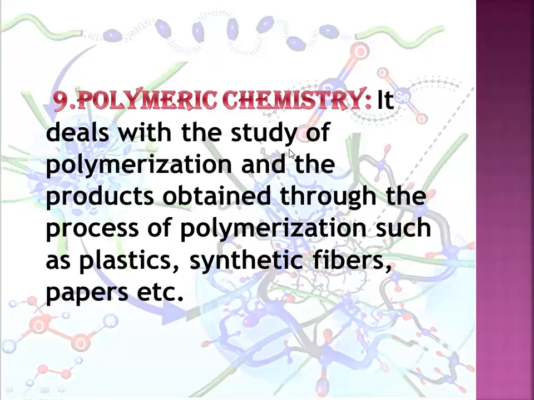It deals with the study of polymerization. So what is polymerization? In polymerization, what will happen? Small tiny units, that are called monomers. If you can see here, I will highlight this, tiny units like this, like this, like this.